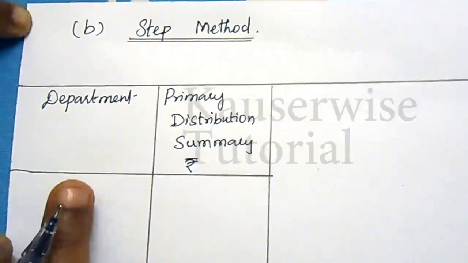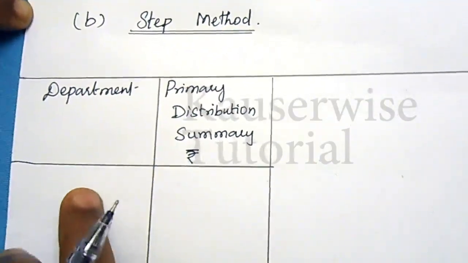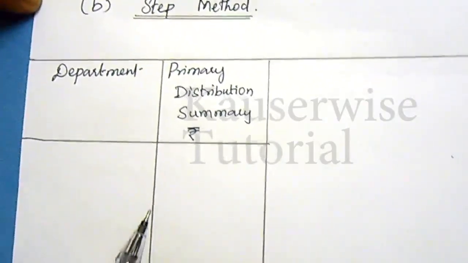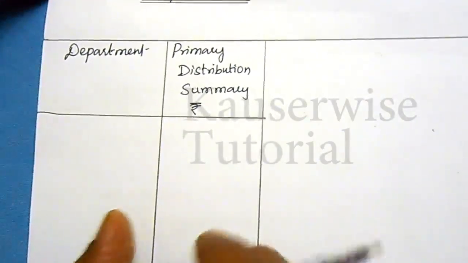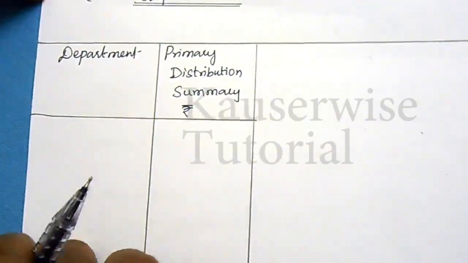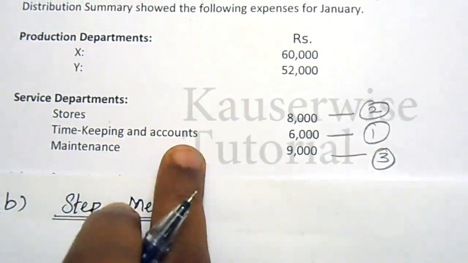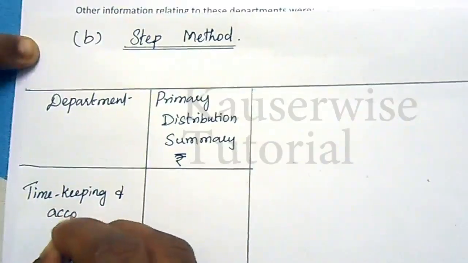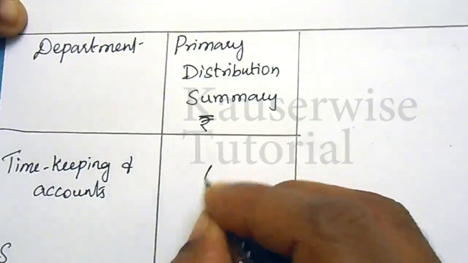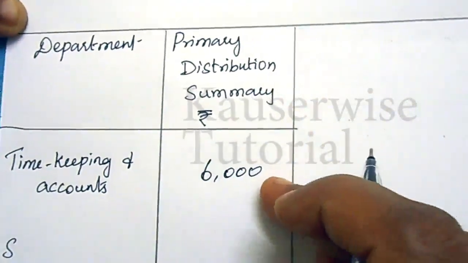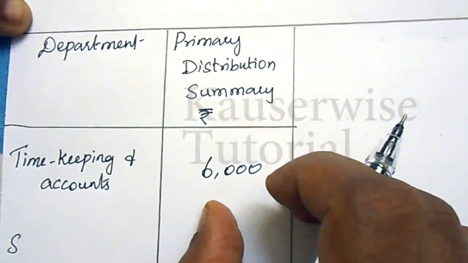The first column is for departments. First you need to write service departments and then production departments. In the service departments we have selected some sequence, so according to the sequence you have to write. Look at the problem. First sequence, timekeeping and accounts. How much? 6,000. So in the primary distribution summary, you have to write the total cost according to the problem.